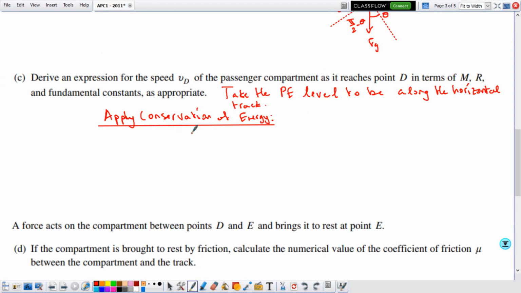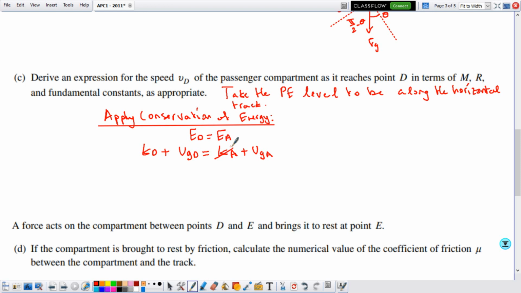We're applying the conservation of energy between the points D and A that represent the final and the initial point respectively. At the point D we have kinetic energy plus gravitational potential energy, and at the point A we have kinetic energy and gravitational potential energy.